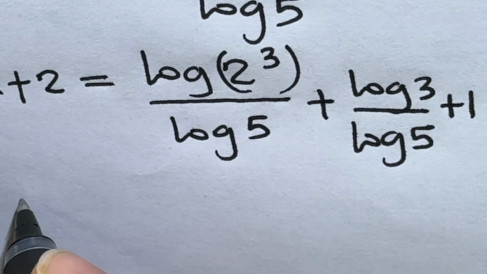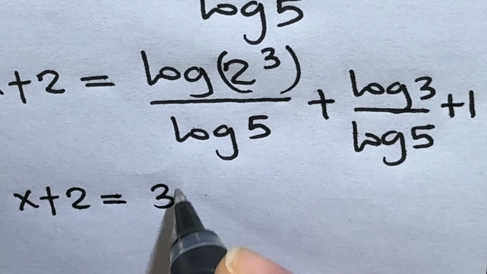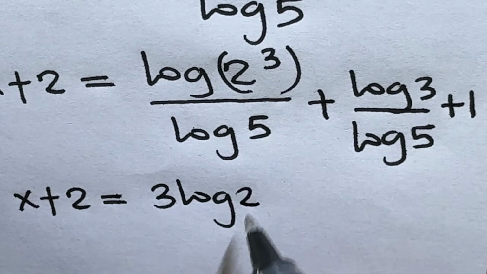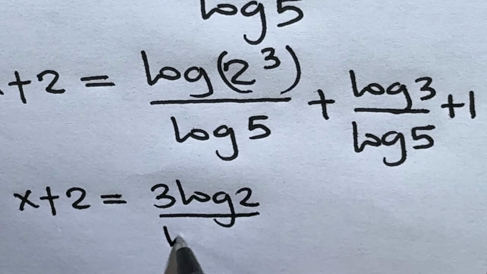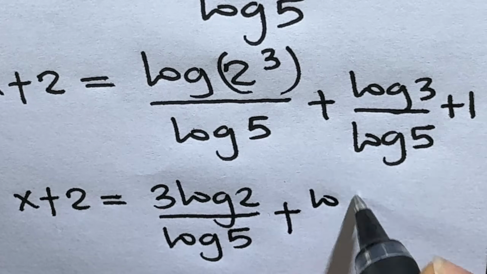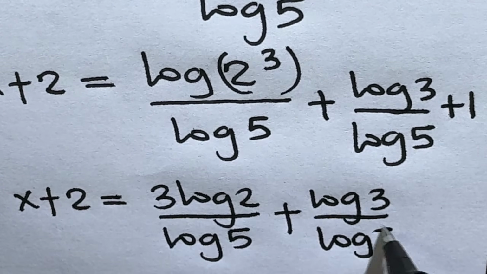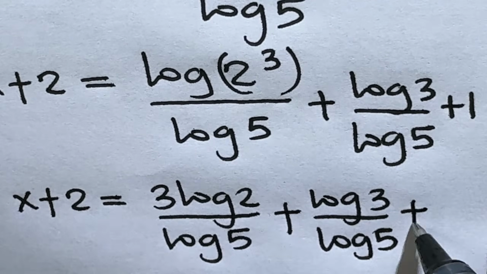So we have x plus 2 is equal to 3 log 2 divided by log 5 plus log 3 divided by log 5, then plus 1.